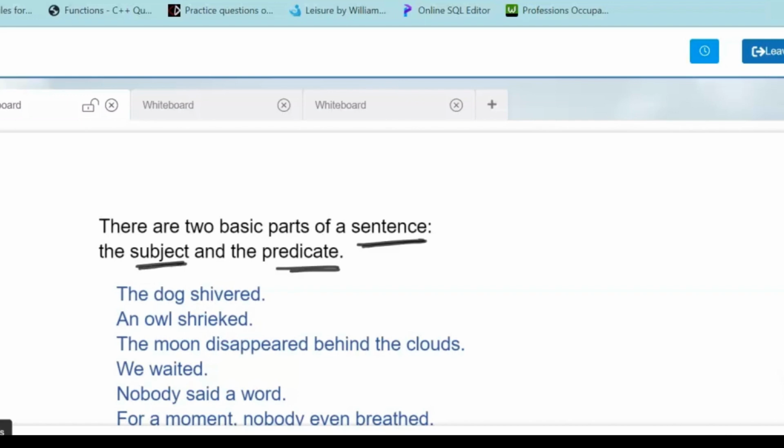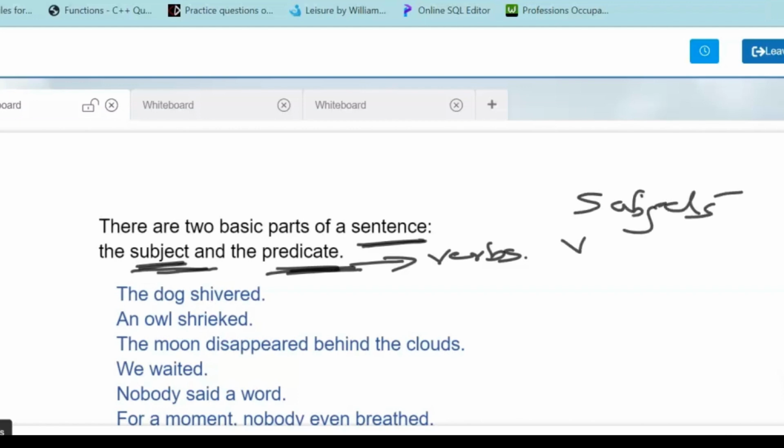The part of the sentence where you have the noun, basically name, place, thing, is known as the subject, and the rest of the sentence or the phrase having the verbs with them is known as the predicate. So our focus is on the subject, and we have to know which are the verbs used.